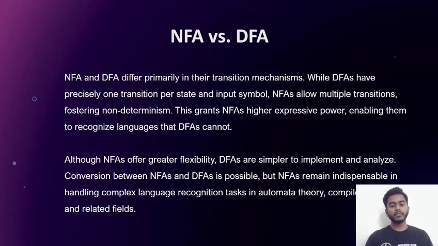Although NFAs offer greater flexibility, DFAs are simpler to implement and analyze. Conversion between NFA and DFA is possible, but NFAs remain indispensable and they can also handle complex language recognition tasks in automata theory.